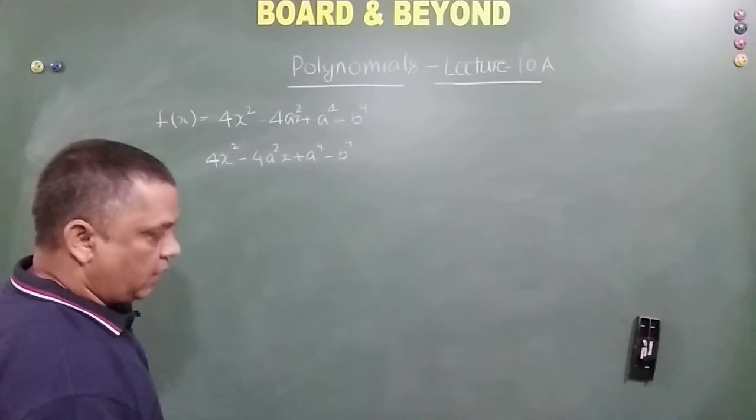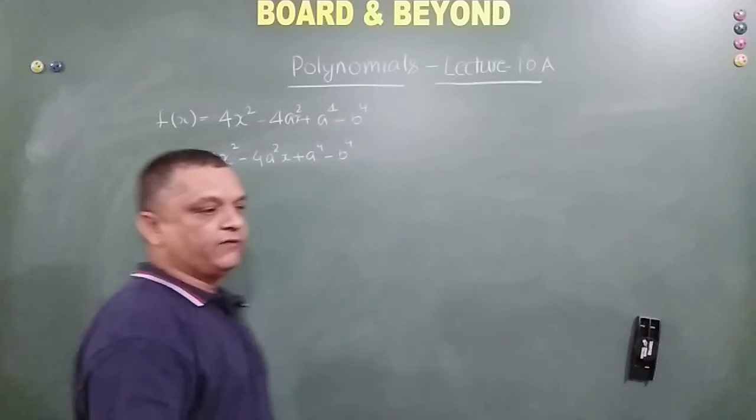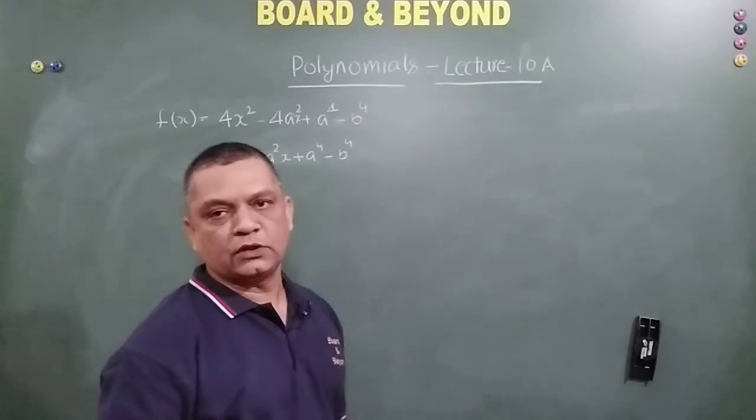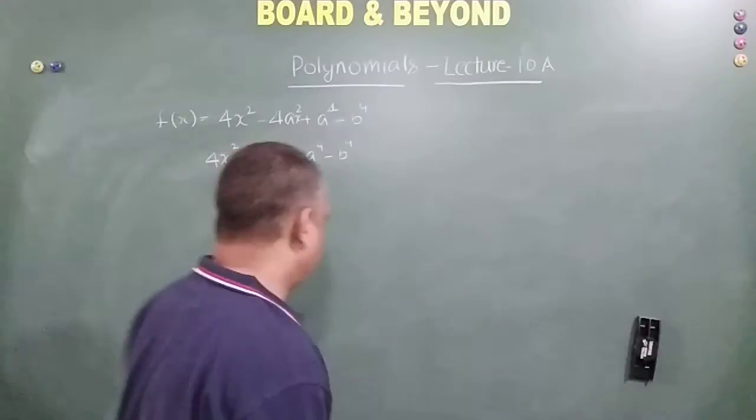So for a quadratic polynomial, we know, my friends, that alpha plus beta is equal to minus b by a.